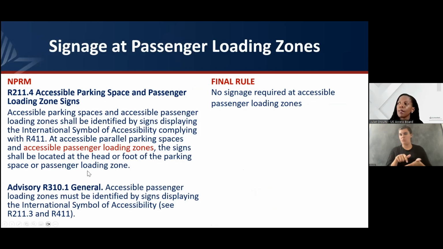We no longer require signage at accessible passenger loading zones because what we found is that was being mistaken to imply that those passenger loading zones are restricted for accessible use. And we did have the same discussion in the NPRM in advisory 310.1. Again, the advisory pointed to requiring signage, but in the final rule, there's no signage required at accessible passenger loading zones.